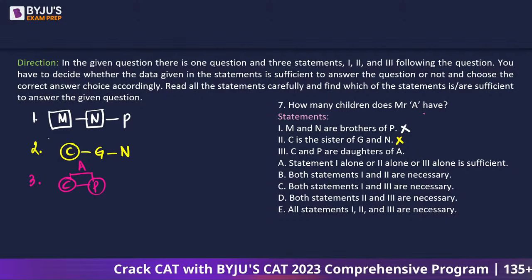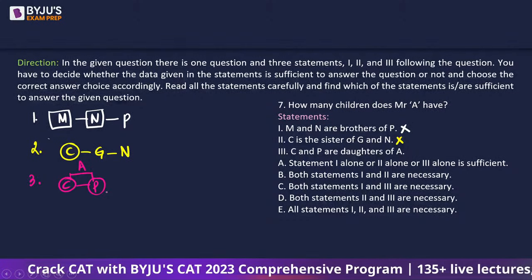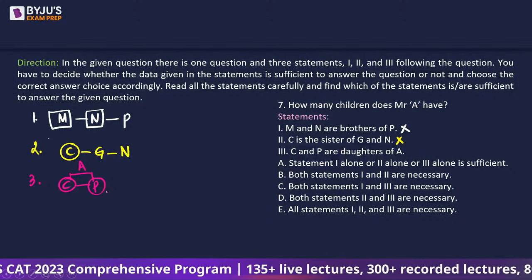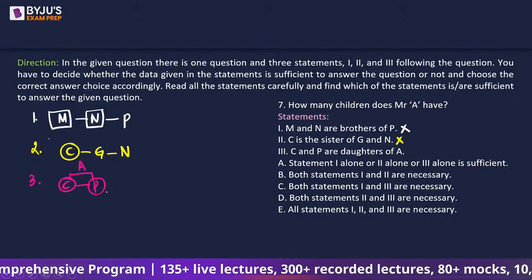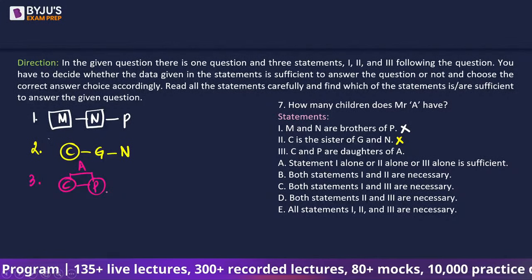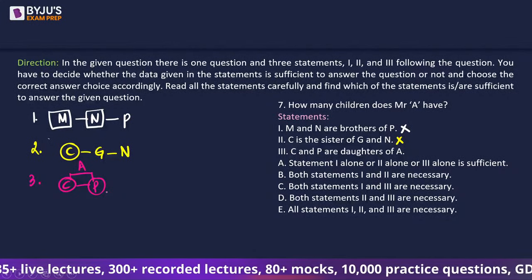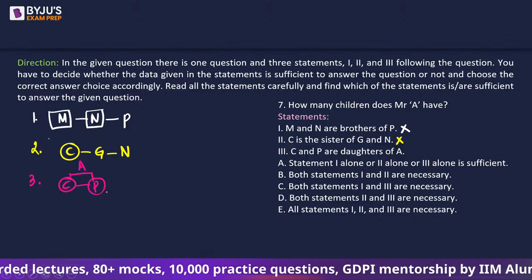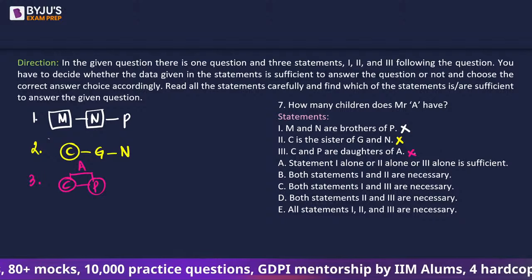Question is, how many children does Mr. A have? So we know that C and P are daughters of A, but this is not good enough because we don't know if we have, A has sons or not. Had it been C and P are the only children of A, तब तो आंसर आ जाता, right? So इससे भी नहीं आ रहा.